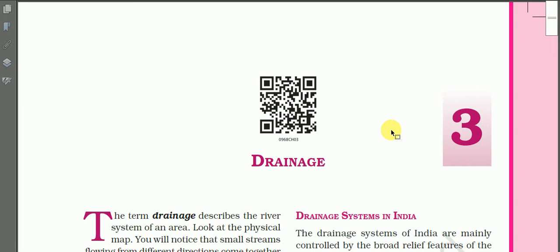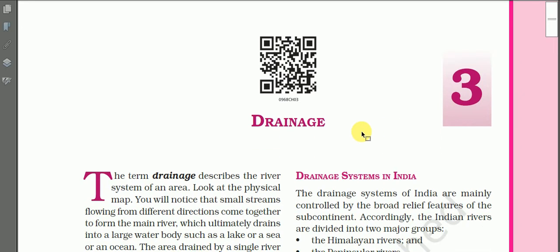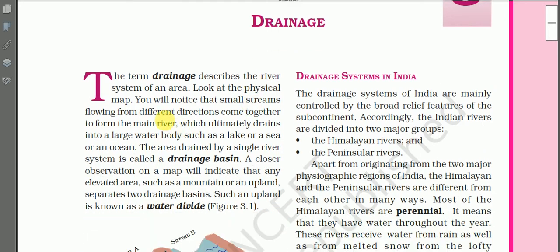Some of you may know that the theoretical aspect of this chapter will not be asked in the final examination, but map items will be asked in the final exam, and that is why it is very important to learn the important concepts of drainage and the features of important rivers in India. Okay, so let us start. Let us read the first paragraph. Here you will find some terms. The first one is drainage.